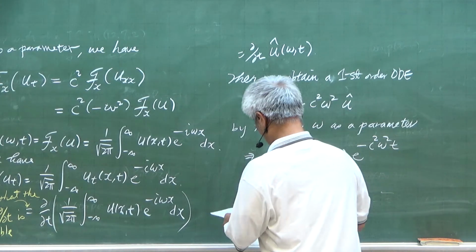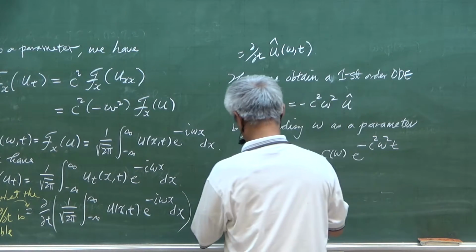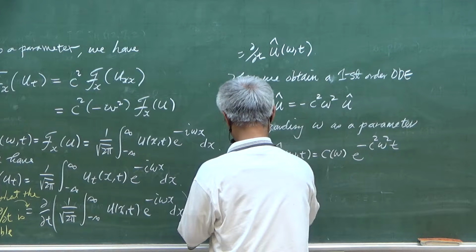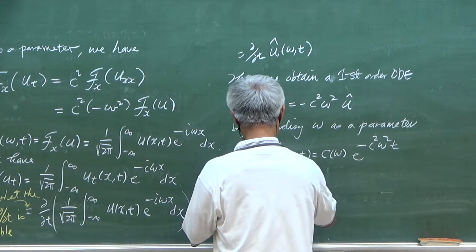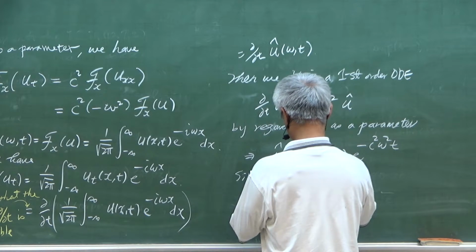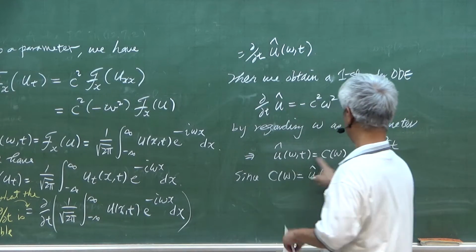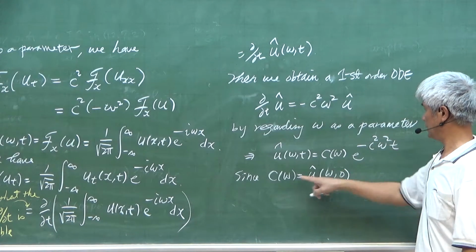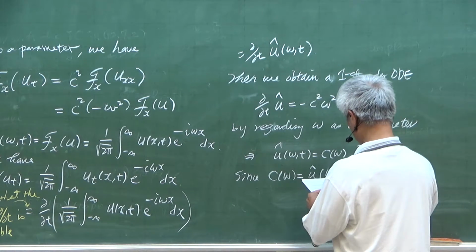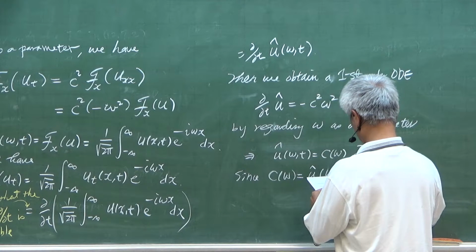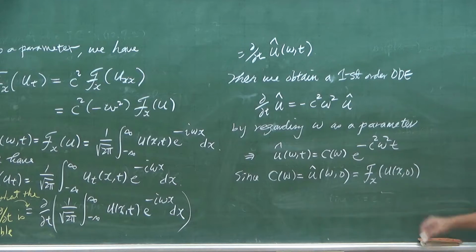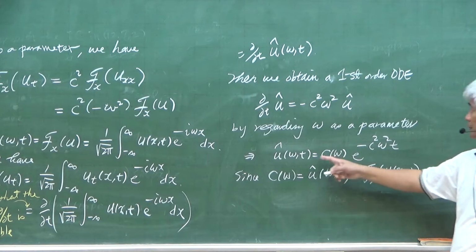Okay. So now, what is C of omega? It is u hat of omega and 0, right? When t is 0, C of omega is u hat of omega, 0. That is the Fourier transform of u(x,0), because the time parameter is 0.